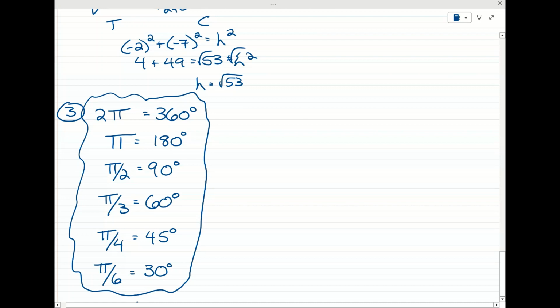So I have 8 problems that we could work on here. Let me just double check something here. Maybe what I'll do is I'll give you 6 just in the interest of time. So first problem is going to ask you to find the sine of 4 pi over 3.